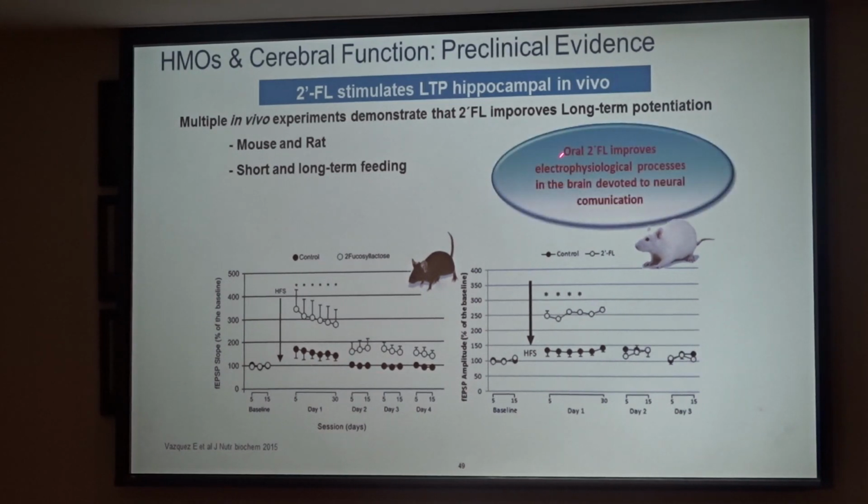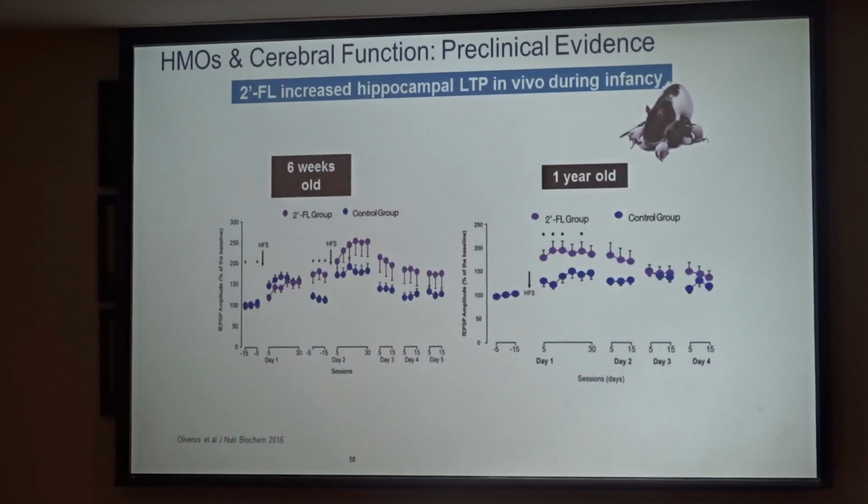So oral 2FL improved electrophysiological processes in the brain devoted to neural communication. Again, 2FL increased hippocampal long-term potentiation in vivo during infancy. Those taking 2FL had high excitatory postsynaptic potential.